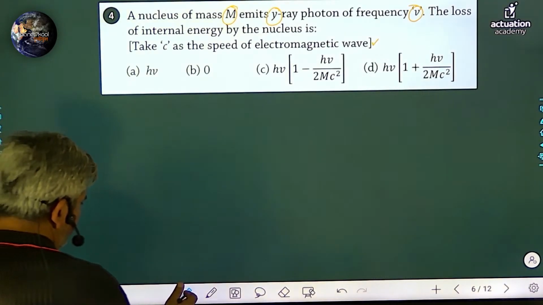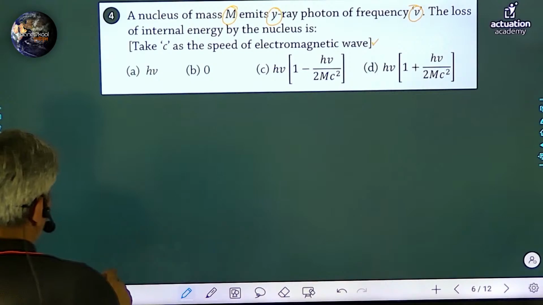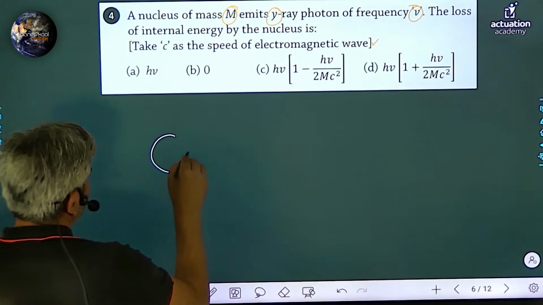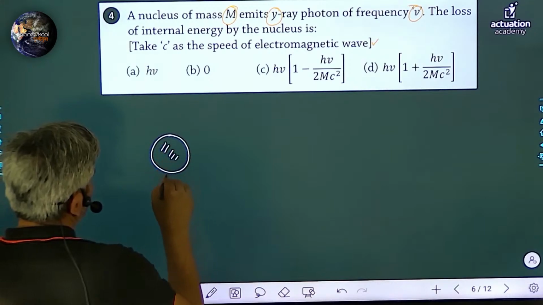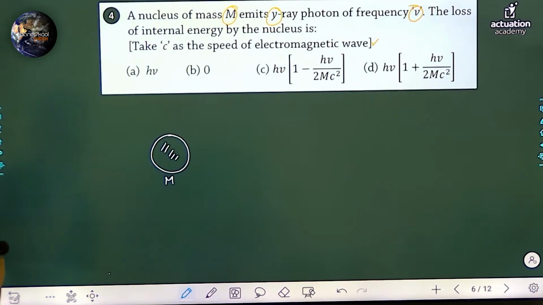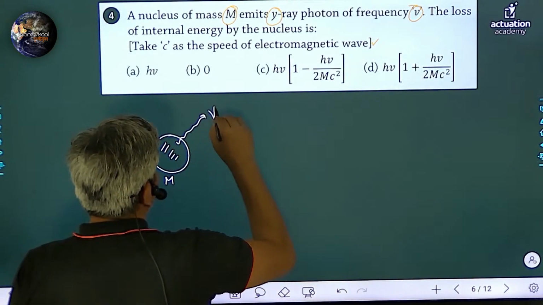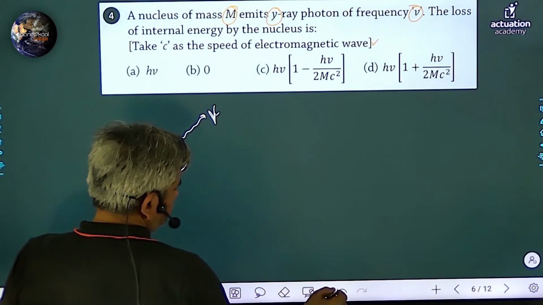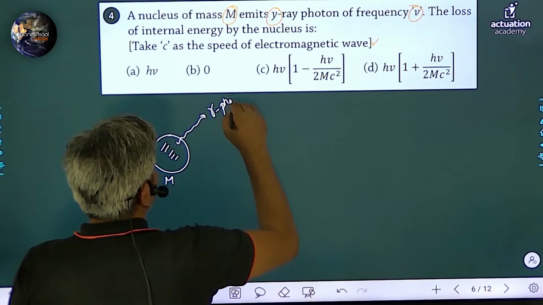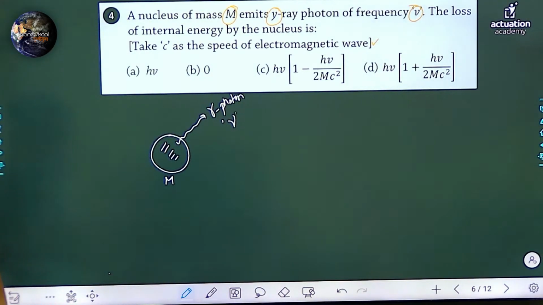Now this is like we have a nucleus which has mass m, and this nucleus is emitting a gamma photon, and the frequency is given as nu.